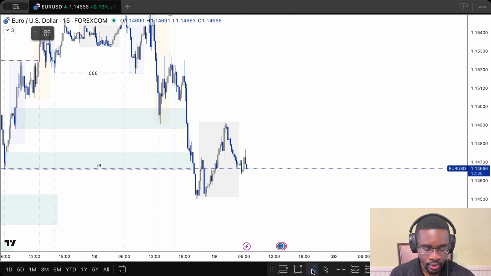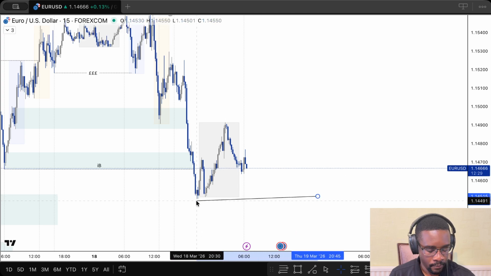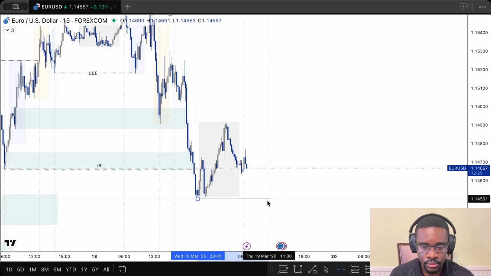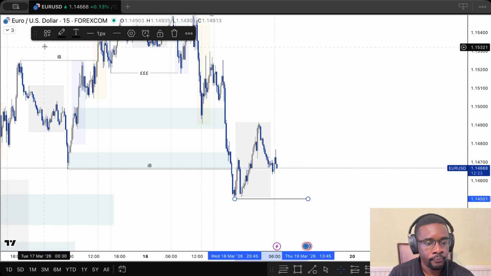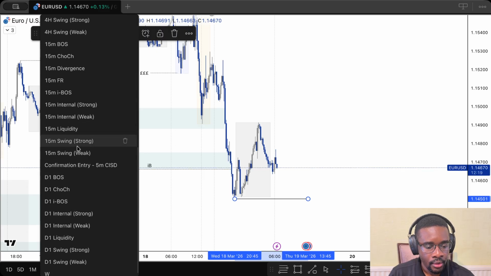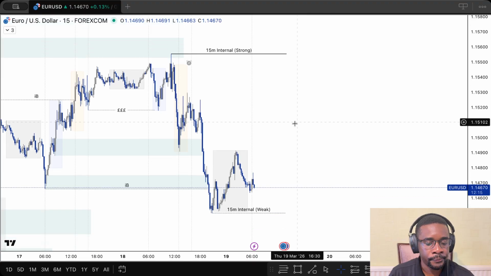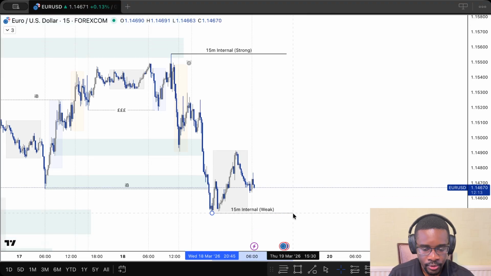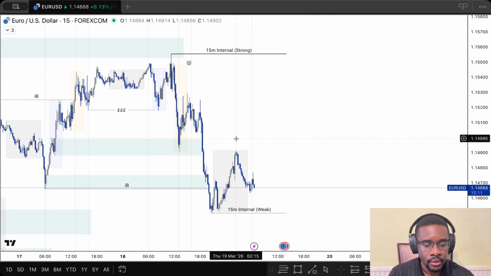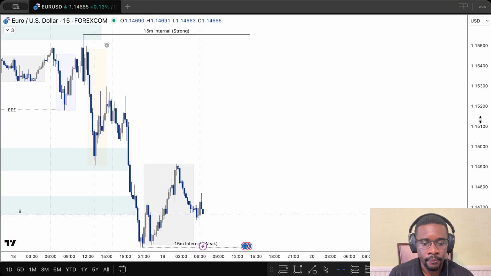And after break of structure, expect a pullback. Price is pulling back already, and that becomes my weak internal low. So on the 15M, that's my weak internal low. So this is what we have at the moment. This is the current range that price is playing in.